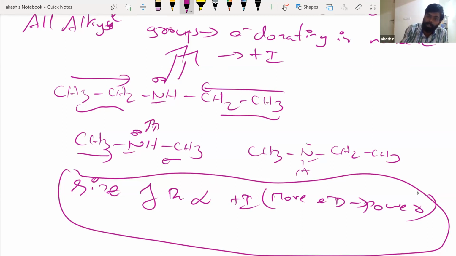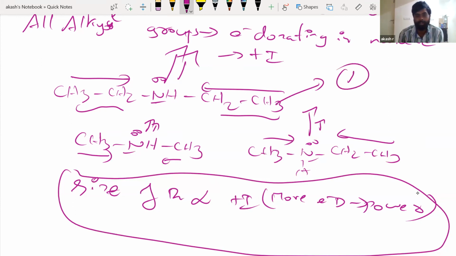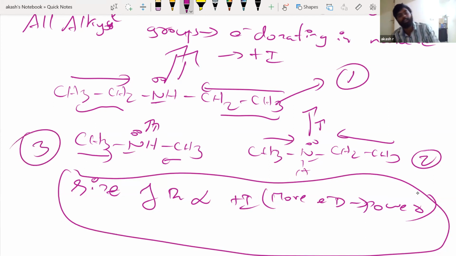Now in this case, what happens? Lone pair is there, this side small, but this side very big. So overall, one very big and one very small. So what can you conclude now? Definitely the first rank goes to this, double big increases, and second rank goes to this, and the least basic of them all is going to be this.